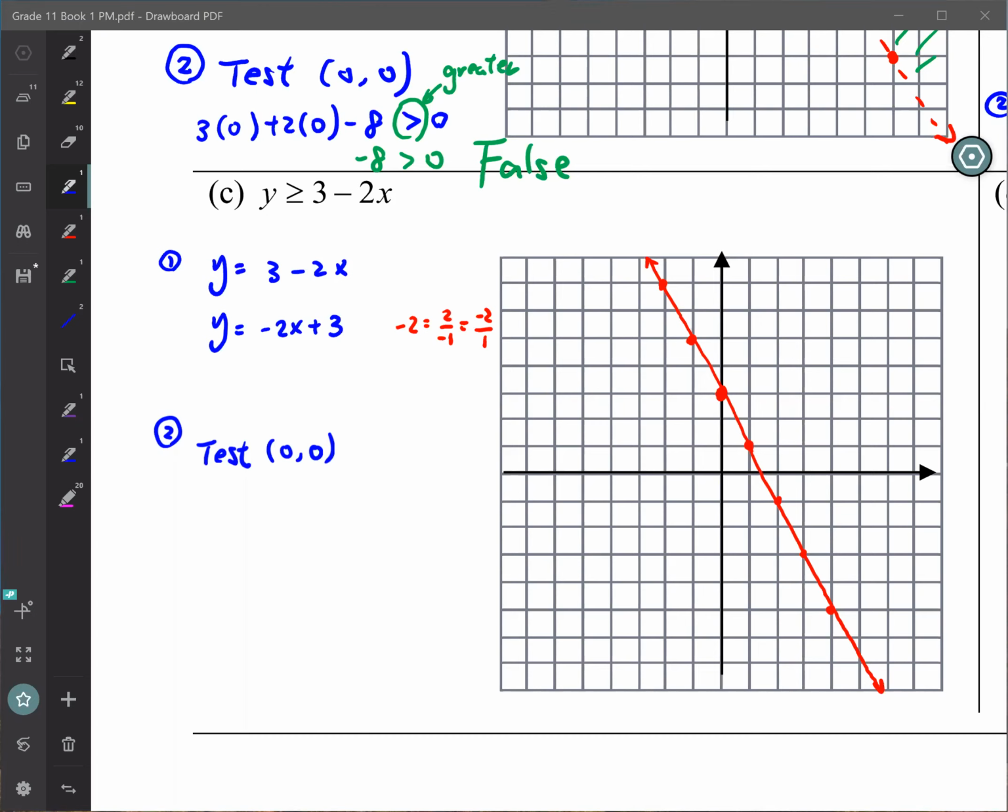Only 2 people finish testing. Takes too long. Okay, you just plug in 0, 0 and then find out true or false. Please raise your hand if you found out true or false.